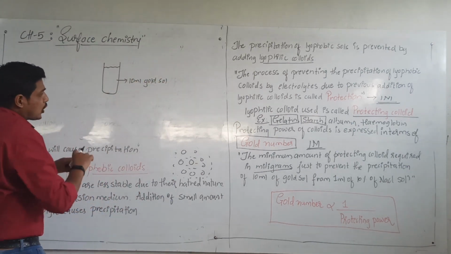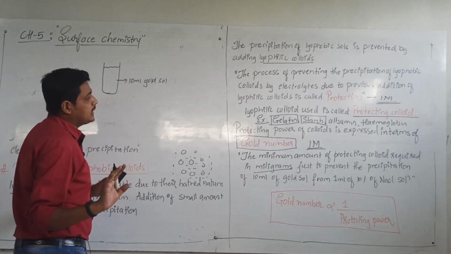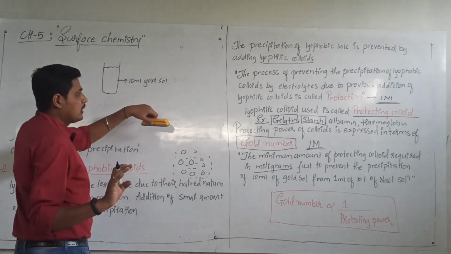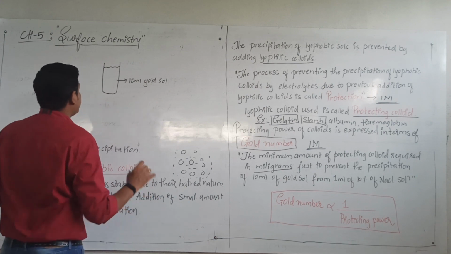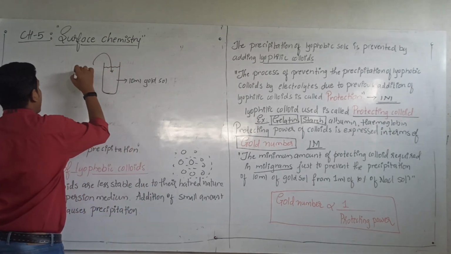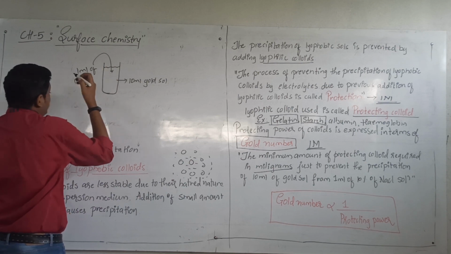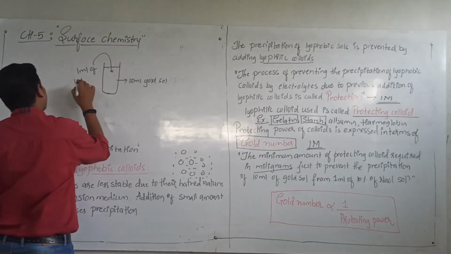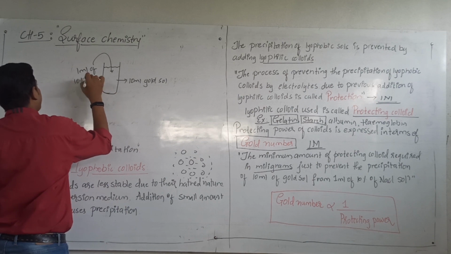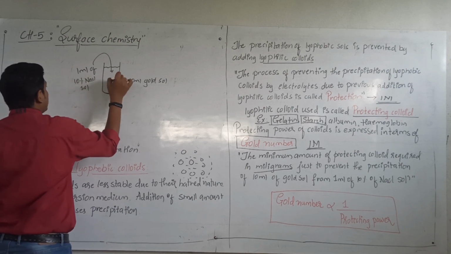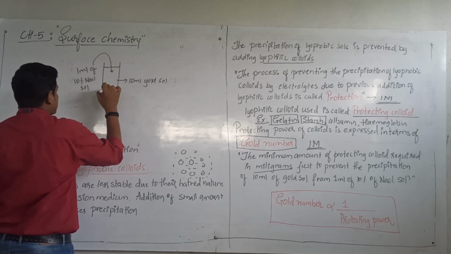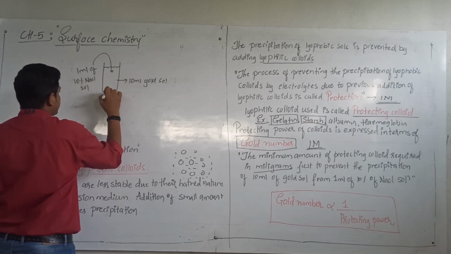Imagine that I have not added any lyophilic colloid. Then even if I add 1 ml of 10% NaCl solution, the power of the electrolyte is also less, only 10%, then the gold particles present in this will get precipitated like this.